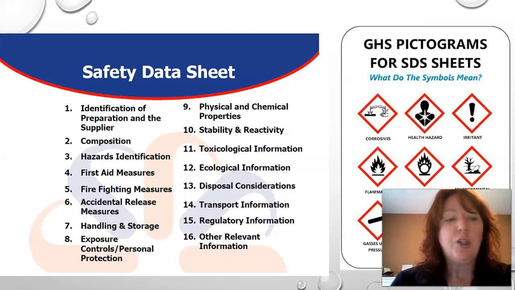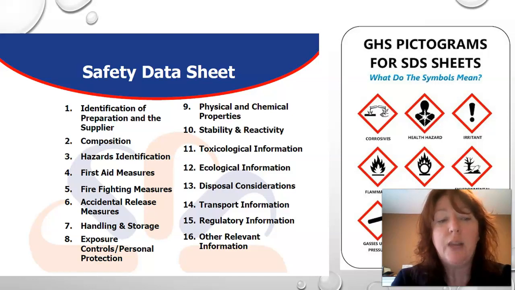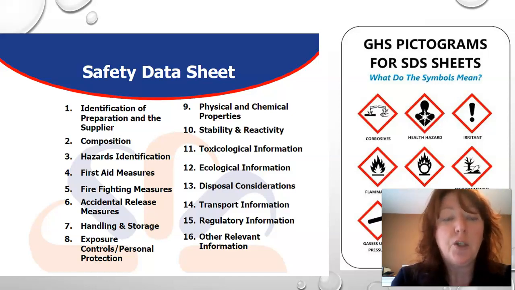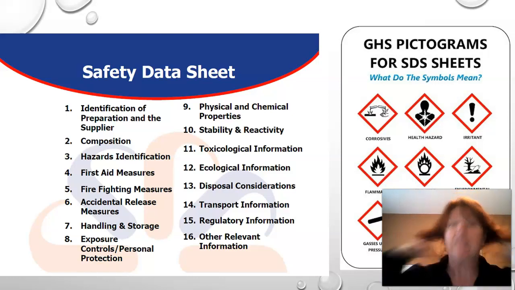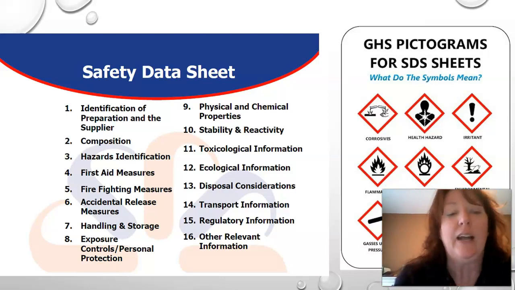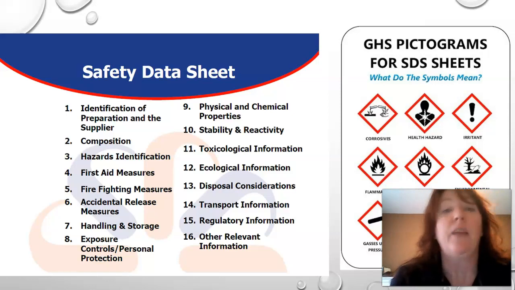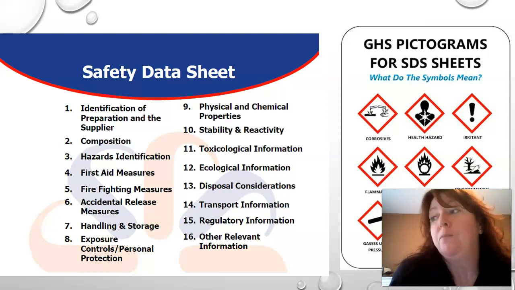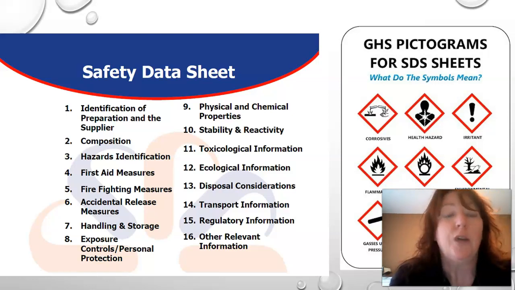So a safety data sheet has 16 points on it. The identification of preparation and the supplier, which means who made it and where it came from. The composition, meaning what's in it. Any hazards, so if it's flammable, if it's under pressure, those kinds of things.